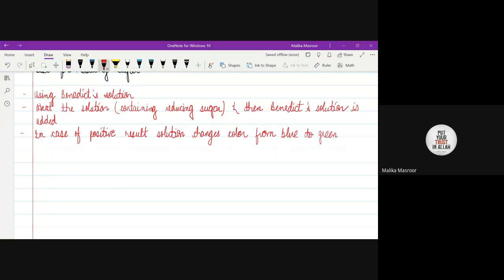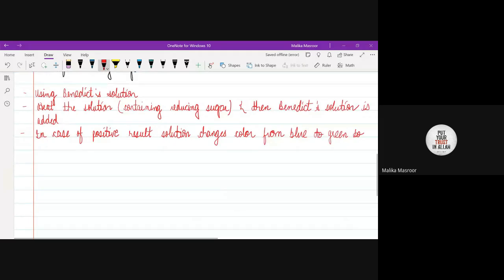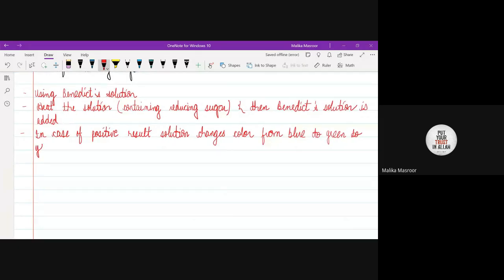Blue to green to yellow, to yellow to orange, red, or brick red.